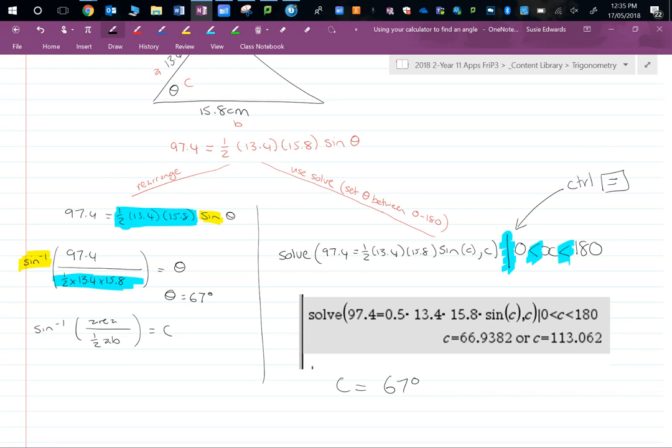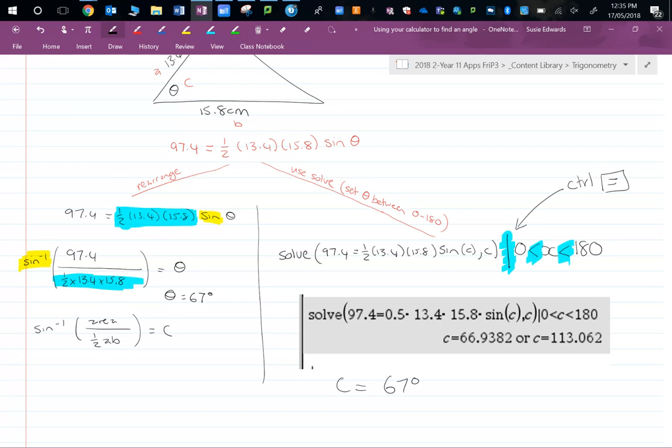If you did the area, it's because you've used X and then you've used C, so you need to make sure you use the same rule the whole time. If the question didn't give you the area, then you just do it normally. If you're trying to find area, you just do it normally. The only time you use this is when you're trying to find an angle using this rule.